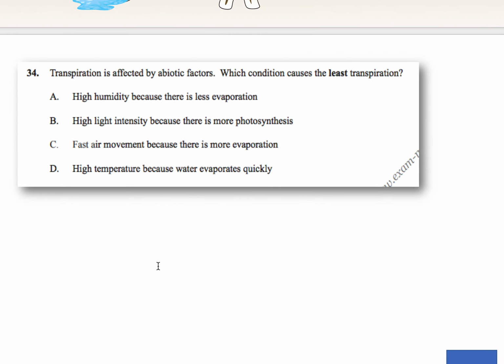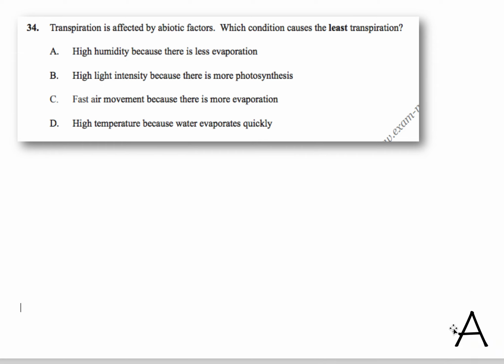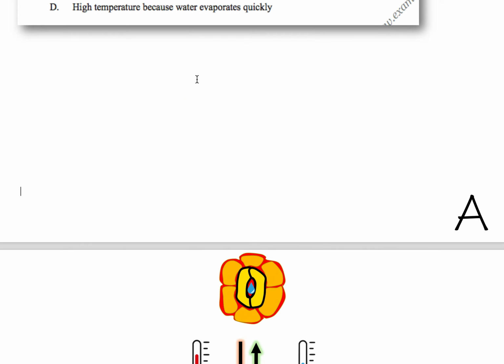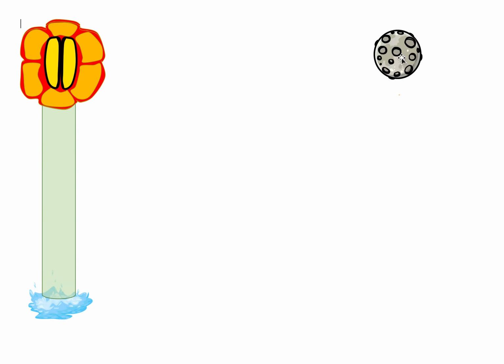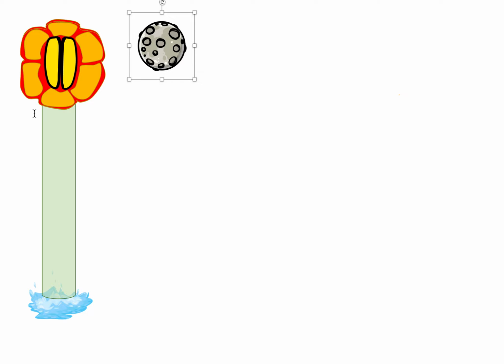Okay, so we know it's going to be A, but we got to eliminate the rest. So high light intensity because there is more photosynthesis. Okay, so high light intensity means this. Let me show you. So normally, during the nighttime, during moon time, this stomata is closed. Notice there's no hole.